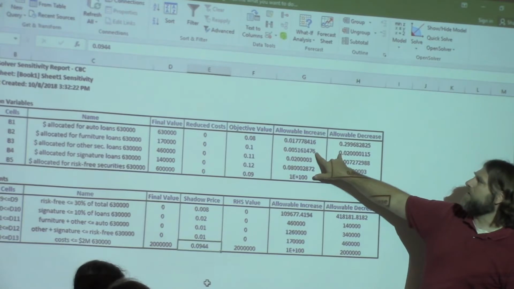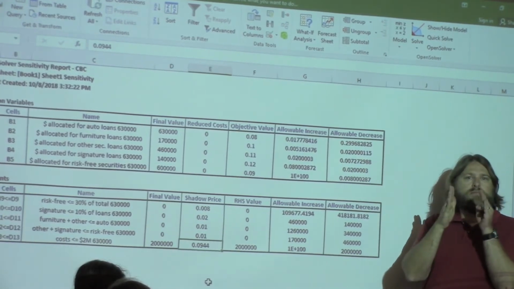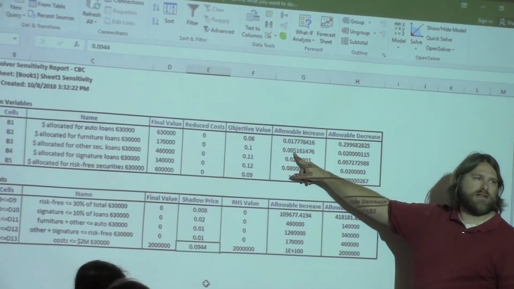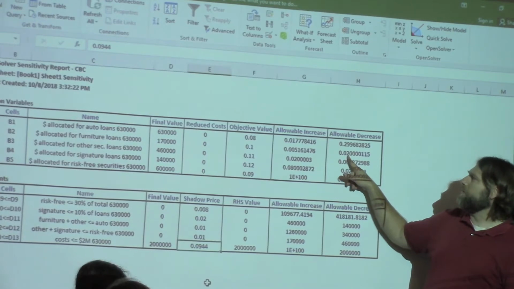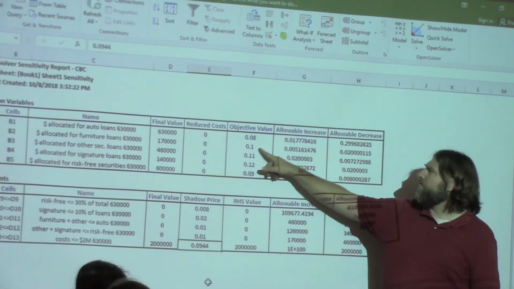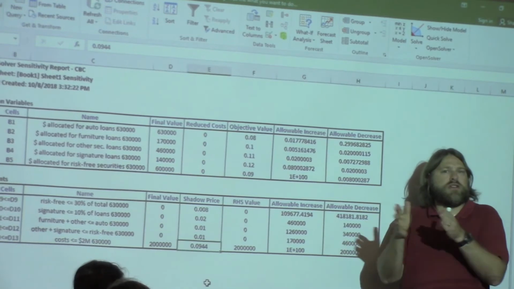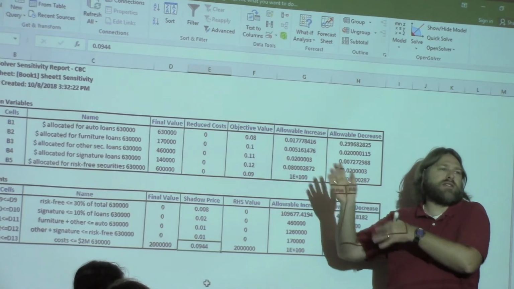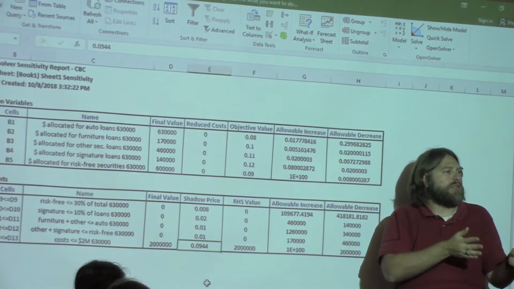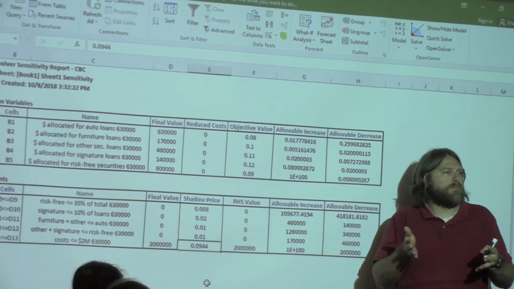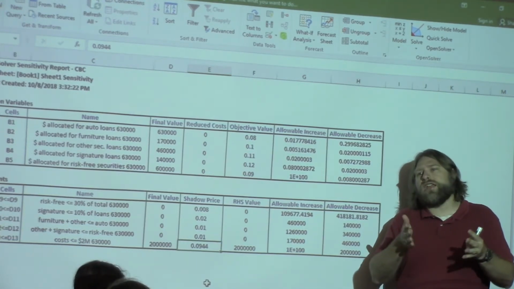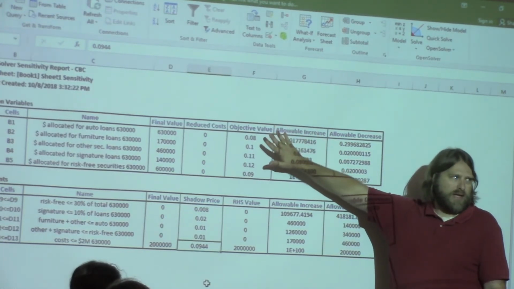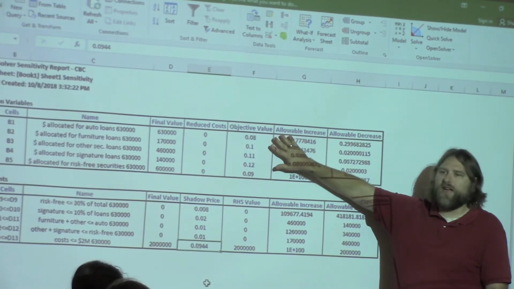But you talk about this one right here, the furniture loans, it's got that narrow band, right? We can only subtract off 1/2 of 1%, or add up to 2% right there, right? So between 9.5 and 12%. So if the furniture loan rate went up above 12% or below 9.5%, that would change our allocation strategy. So it tells us in a changing interest rate market which of these allocation strategies could be affected, right?